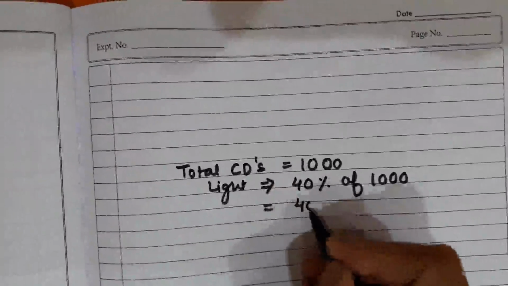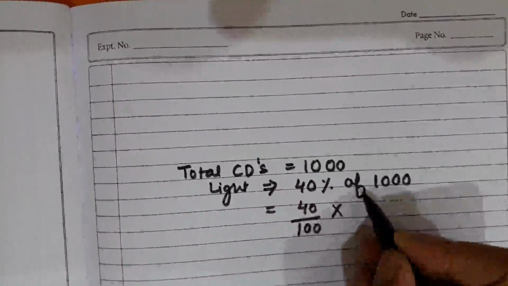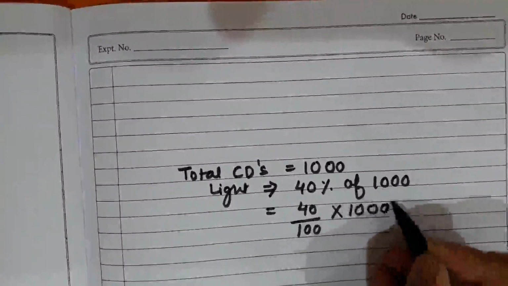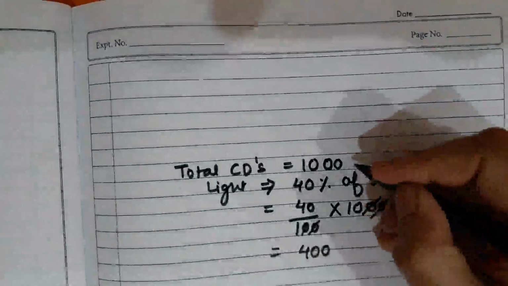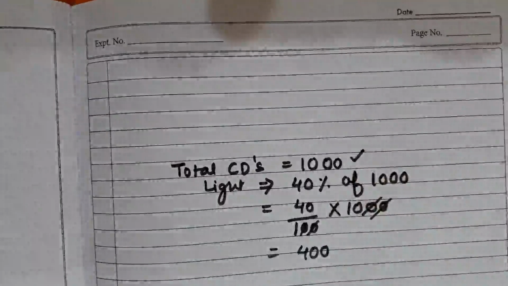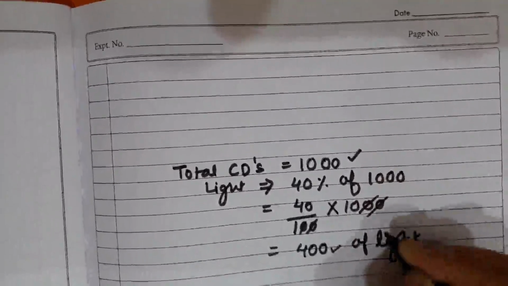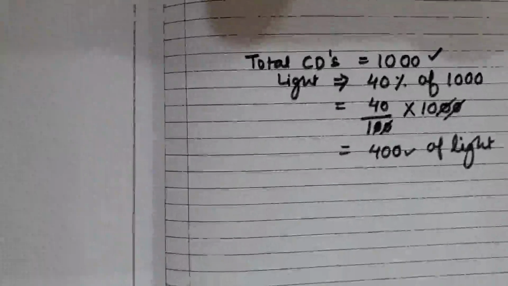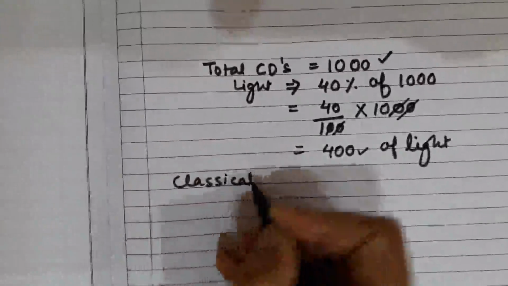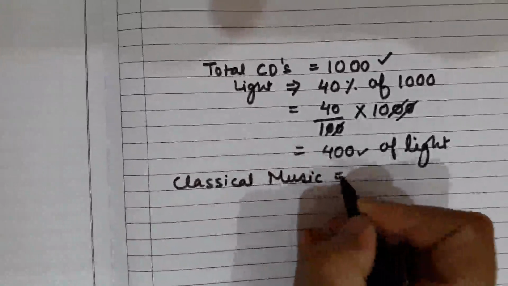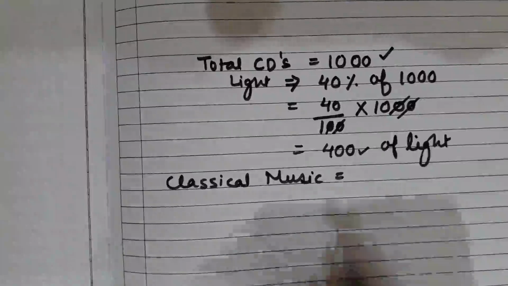So 40 upon 100. We remove the percentage sign, so 100 comes in the denominator and we convert it into multiplication with 1000. The zeros cancel out each other, giving 400 CDs. So out of 1000, 400 CDs are of light music. In this way we can calculate. Next is classical music, liked by 10%.